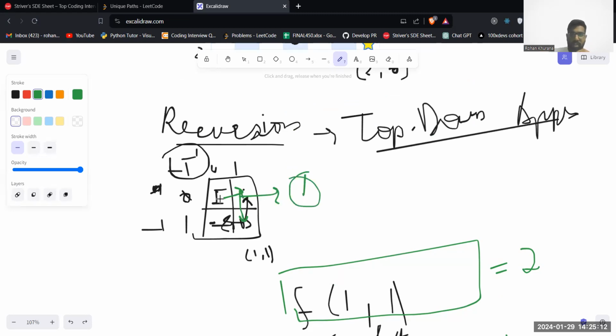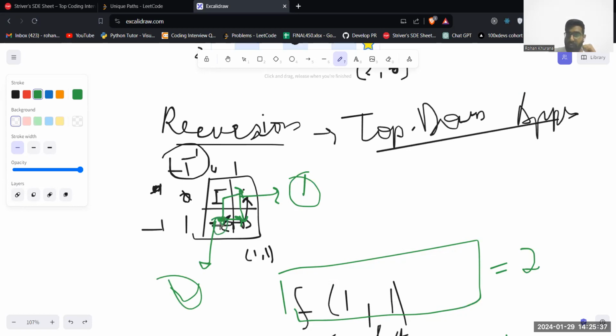Now this robot could also go down and this could also go right. This is the second solution. Now at this position, our two things are exhausted: going down or going right. At this position, we have exhausted only one thing. Can we go right now? We can try right, but again, it is going out of bounds, so no need to try it.